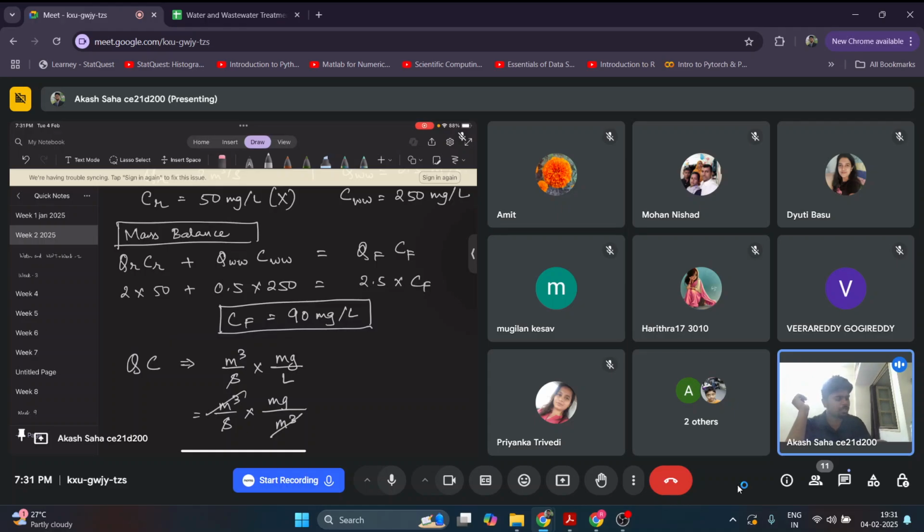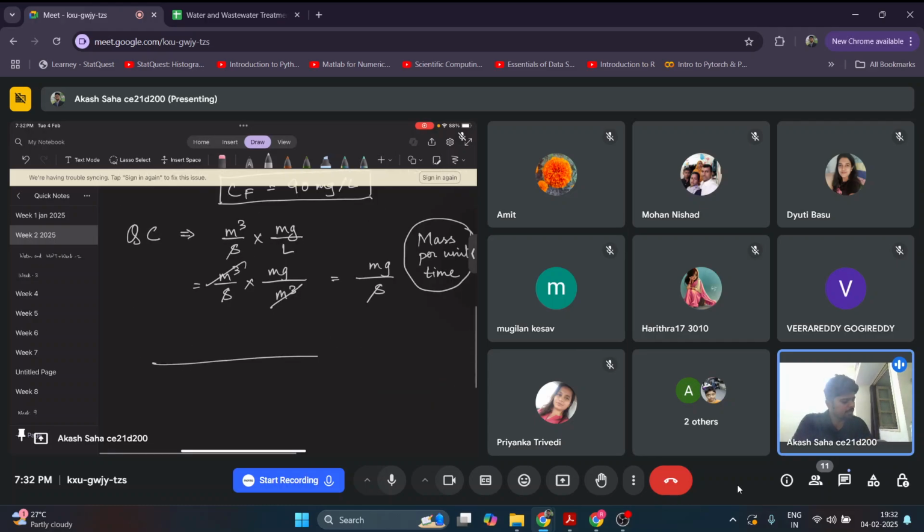So meter cube will cancel. I am getting milligram per second, right? So this is mass per unit time. So what I am saying is that for any particular time, this mass should be constant. Suppose this is my river, this is the wastewater stream. I am dividing into two sections. This is section 1, this is section 2.